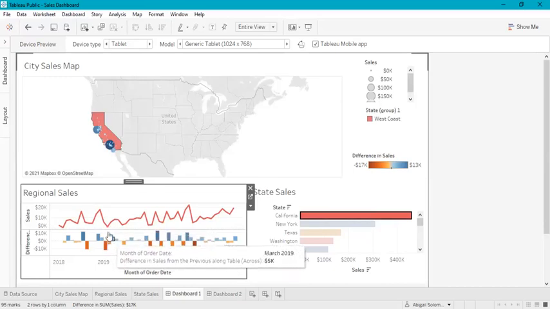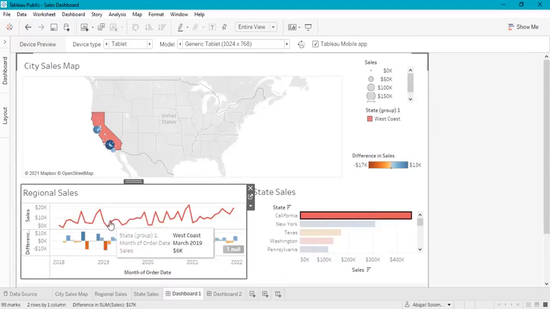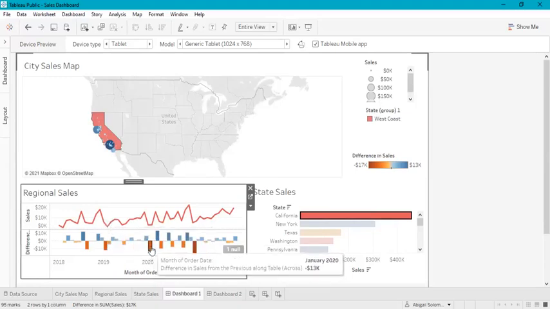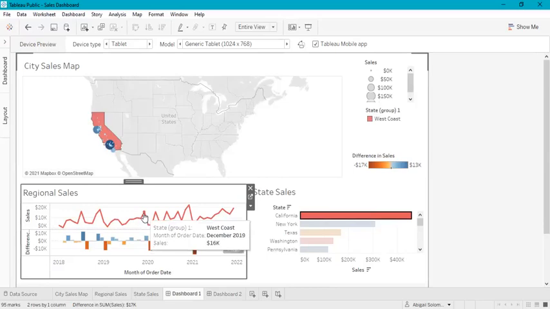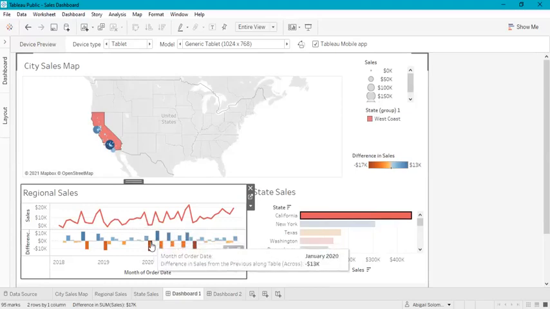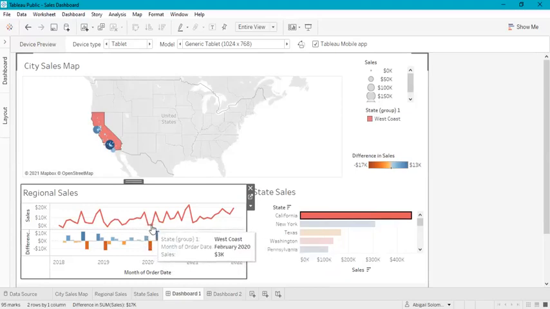And then we had our increase again in March. By 2020 we observed in December we had a hike in sales, and then by January a reduction of $13,000 in sales. In February we were able to manage to get $3,000 profit, and by March we had a $16,000 hike.